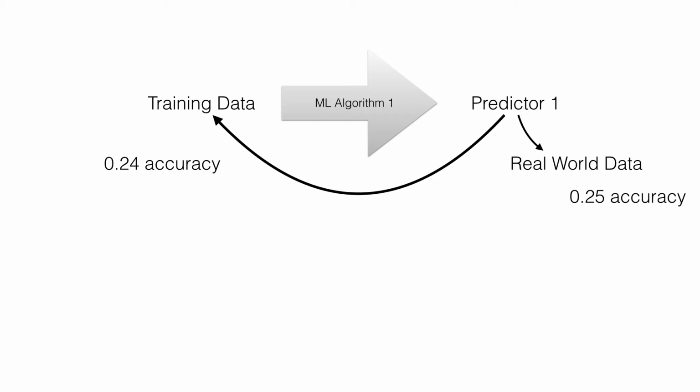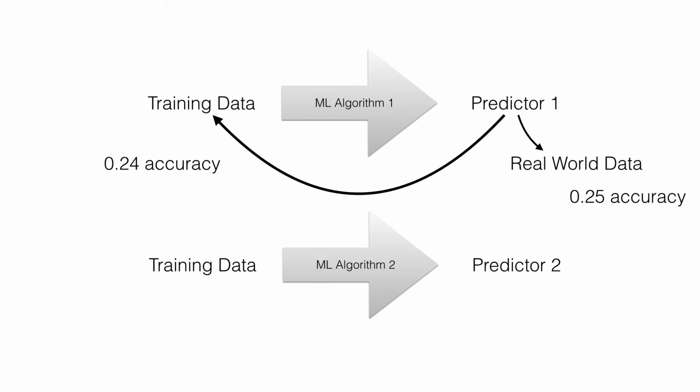But let's say you also try a different algorithm. So you downloaded this software package with another machine learning algorithm that people say is really great. So again, you give some training data and put it into this machine learning algorithm 2, and you get predictor 2. And then you go back and, again, evaluate it on what you trained on to see how well it learned what it was trying to learn.